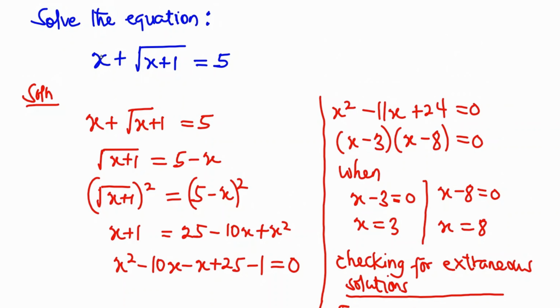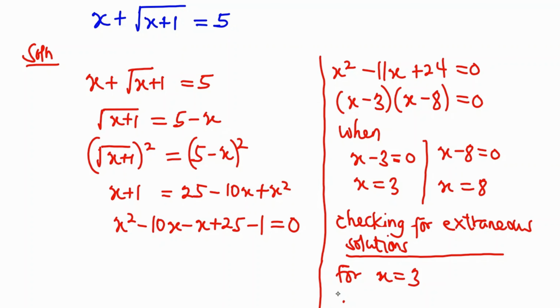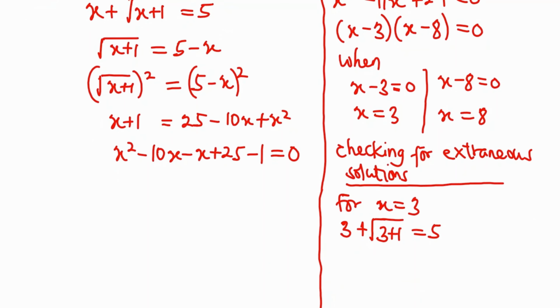So that's a 3 plus square root of 3 plus 1 should give us 5. So let's see if indeed we get 5.